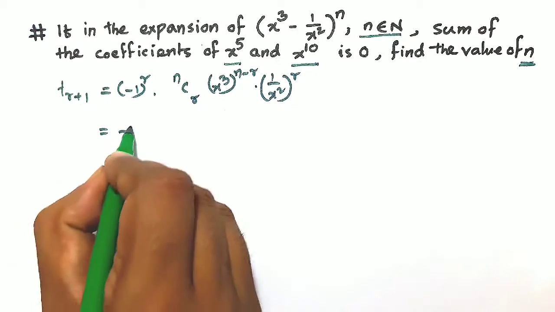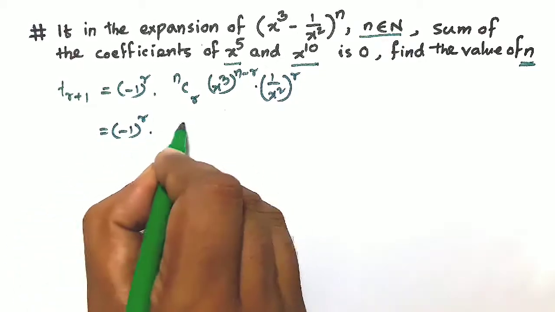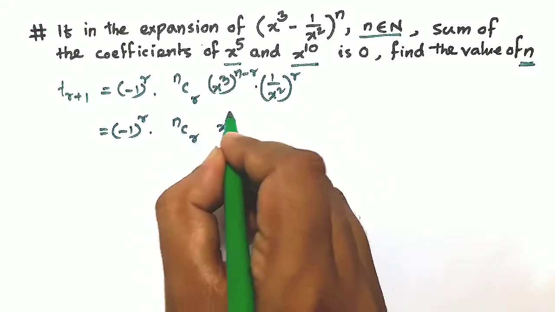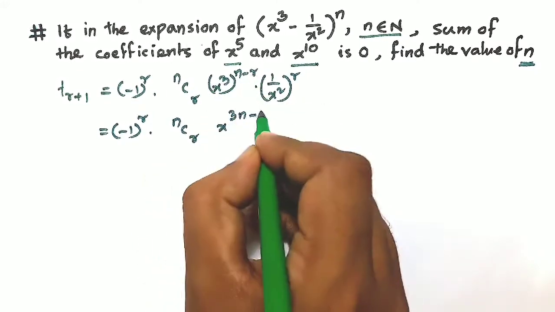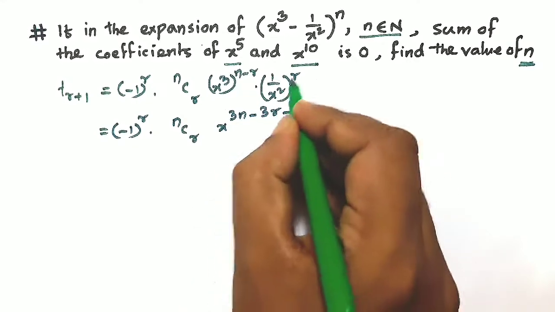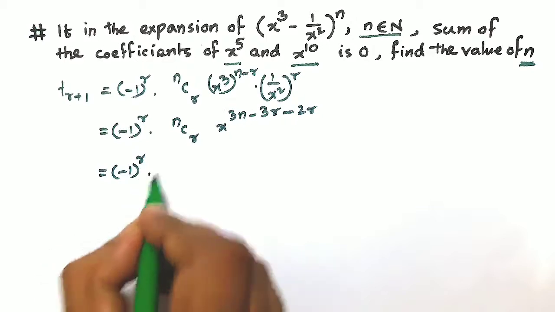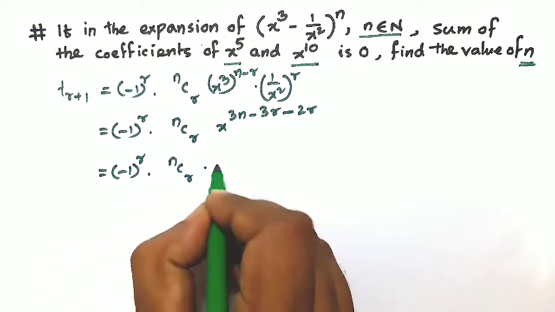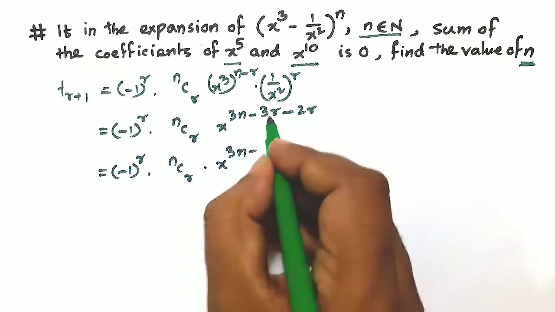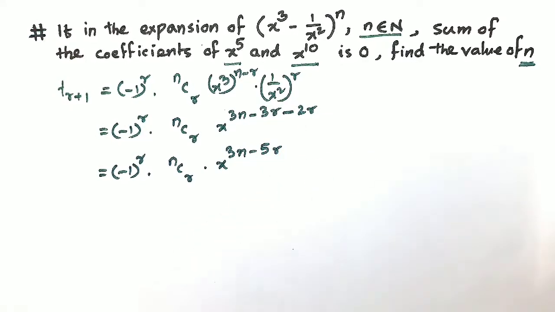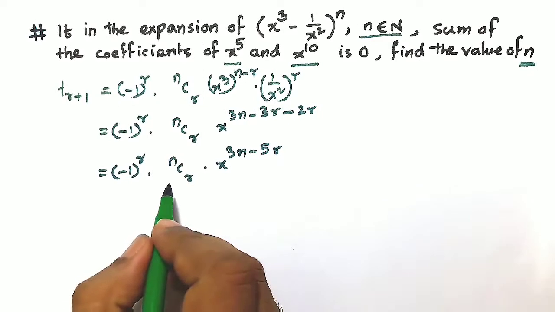That means (-1)^r into nCr x^(3n-3r-2r). So getting (-1)^r into nCr x^(3n-3r-2r), 3r minus 2r means 5r. Okay, now step by step we shall proceed.